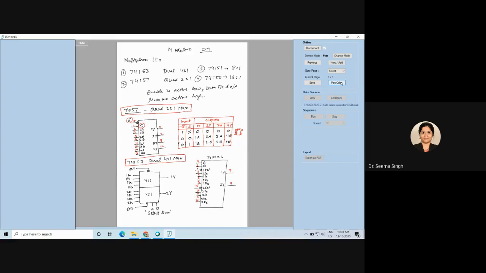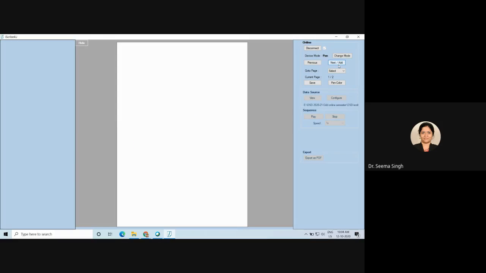So shall I start with the truth table for the same? All of you are clear with the block diagram and IC pin diagram? Okay, so let us quickly do the truth table because we have to do designing also today. For the truth table, I will give you the idea and you will have to complete it on your own.